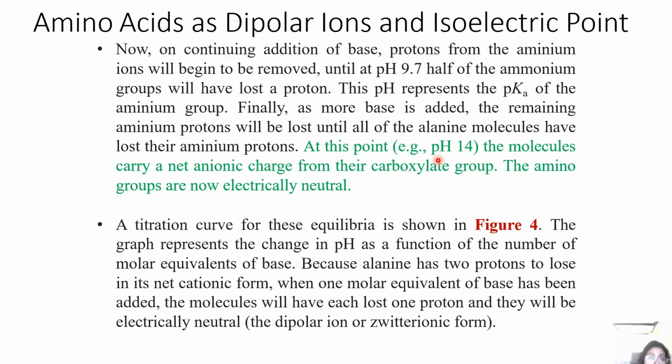The graph represents a change in pH as a function of the number of molar equivalents of base, and because alanine has two protons to lose in its net cationic form, when one molar equivalent of base has been added, the molecules will have each lost one proton and they will be electrically neutral.